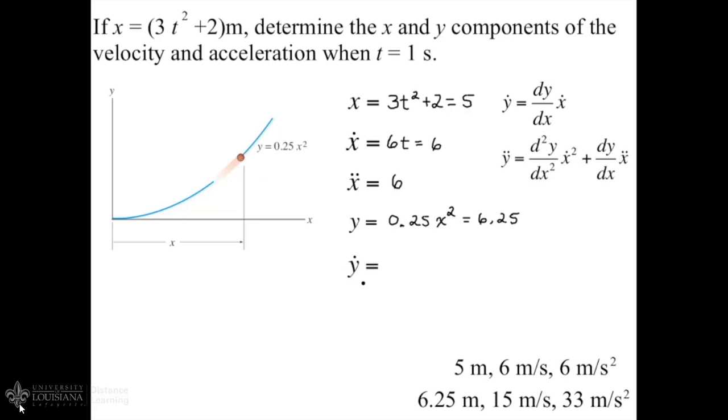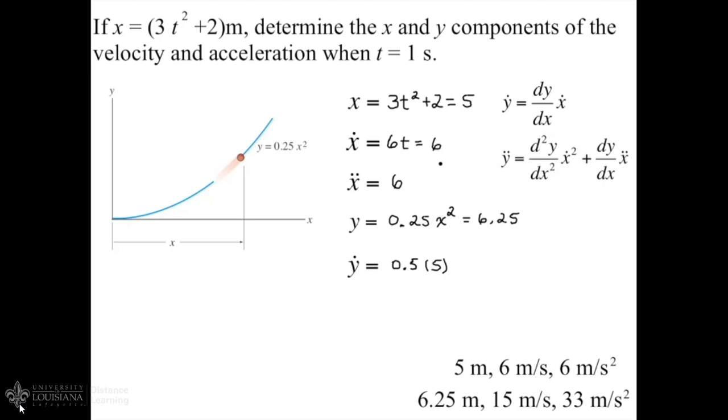Now we'll get the velocity component in the y direction using this equation. We need dy/dx. That's found from this, isn't it? In other words, 0.5 times x. And of course, x is equal to 5. Therefore, I'll put that in here. And now x dot.